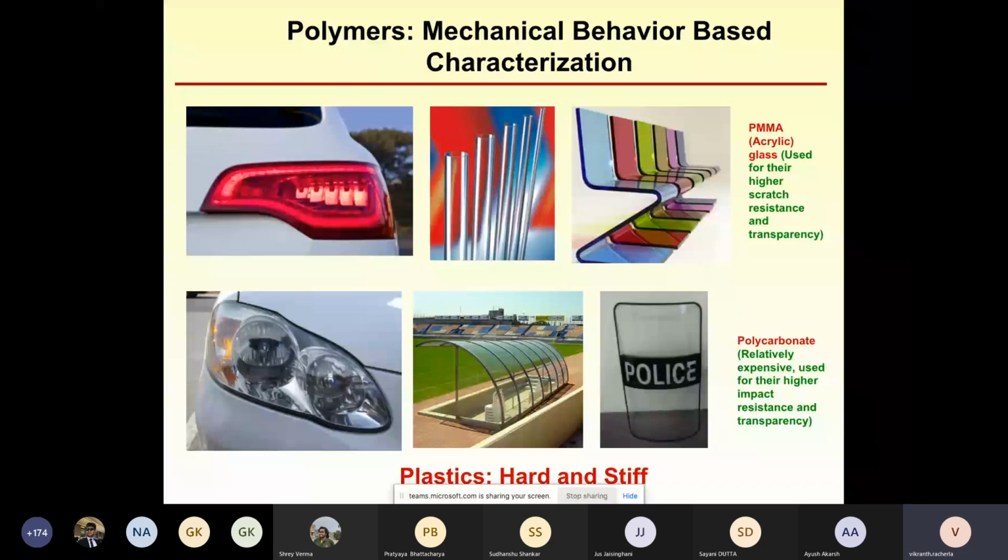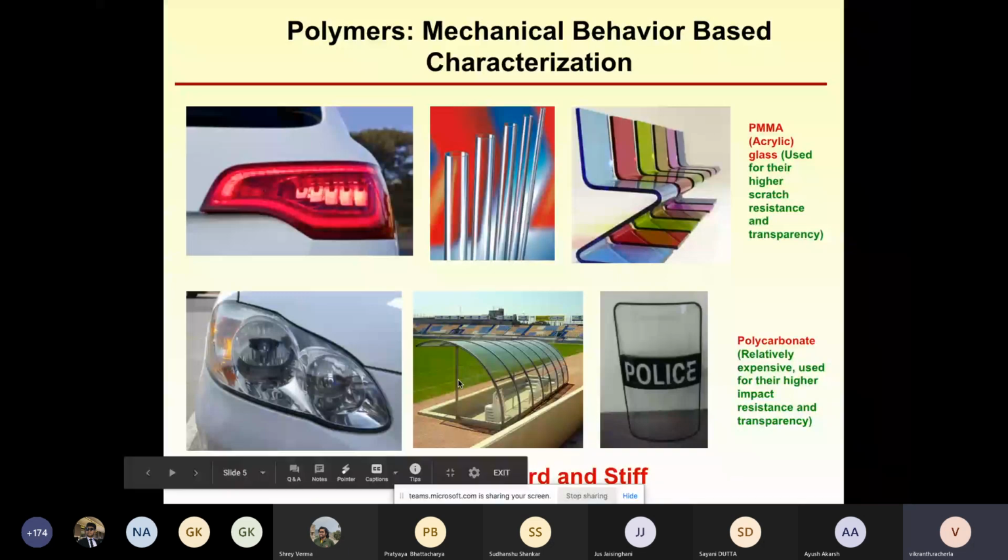So polycarbonate is tough, and whenever you want toughness, for example police shields, even if someone is throwing stones or hitting with a stick, you don't want the shield to break. Or these dugouts for players.